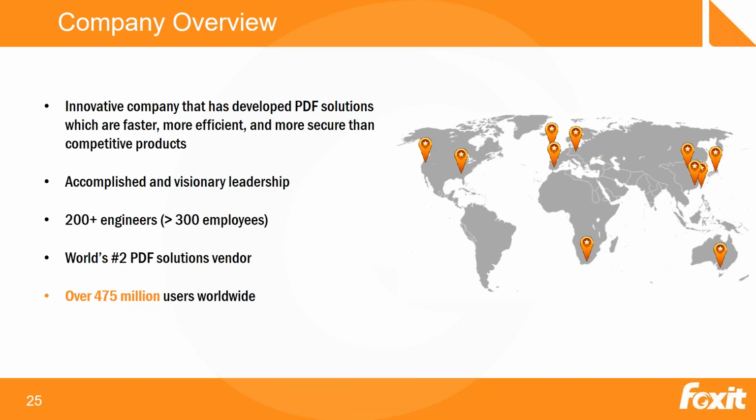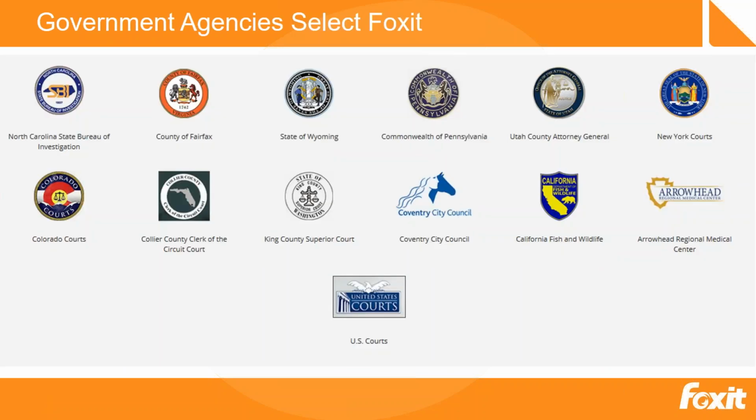And we are considered number 2 behind Adobe. And people come to us for many reasons, but a lot of it is around cost and also user interface, and then some of the other more advanced features that we have within our portfolio.